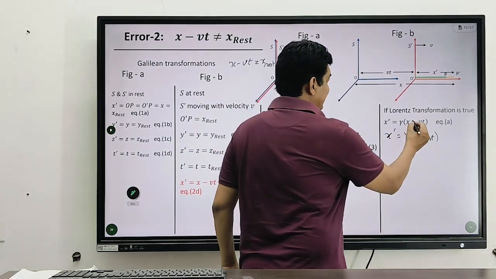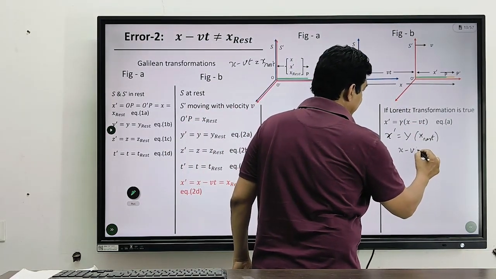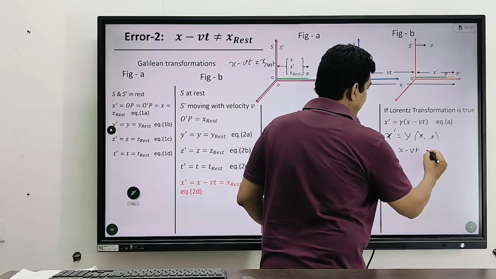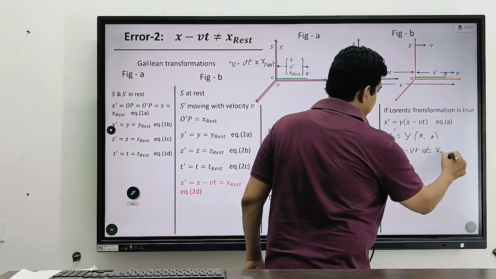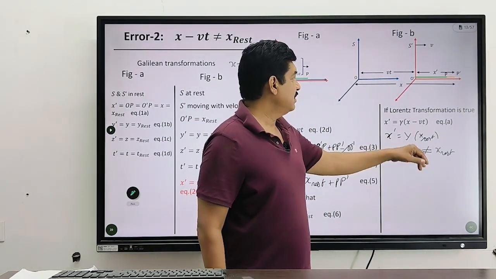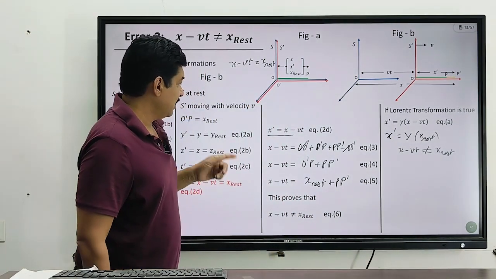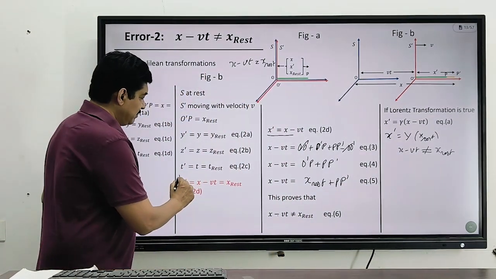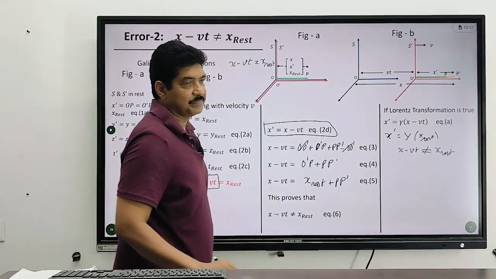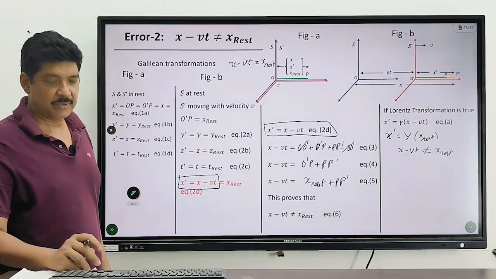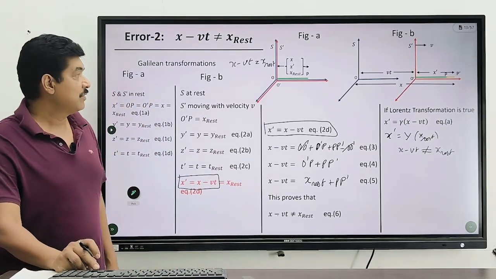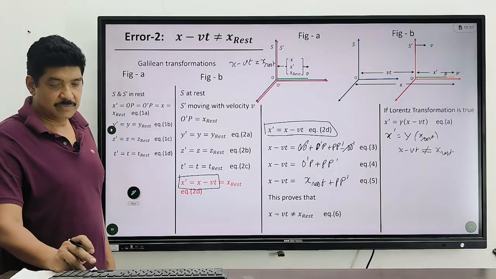So once x minus vt is not equal to x rest, therefore this equation is wrong. Thus even this equation given by Galileo is also wrong, right? Now we will use this when we go to the actual derivation of the Lorentz transformation.